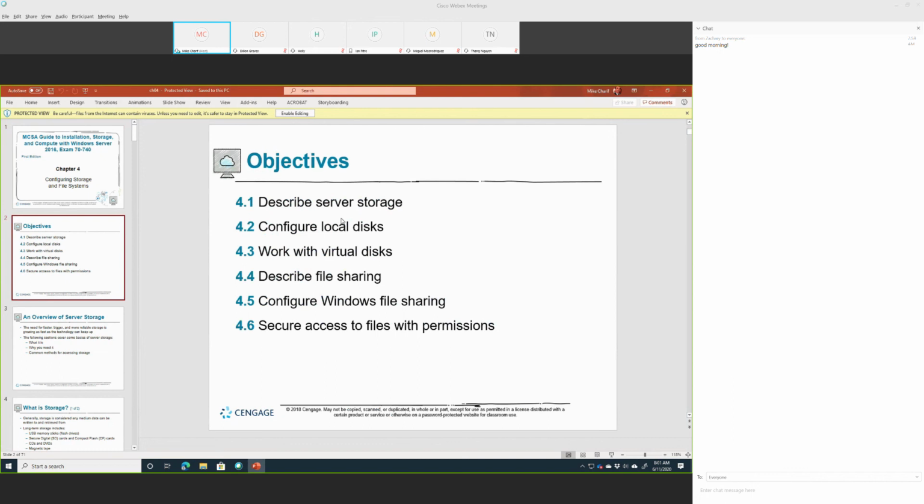Configure local disks. It doesn't say local disk, it says disks, that means you can have more than one disk. And that depends on what? If it's configure local disks, how many disks can we put?